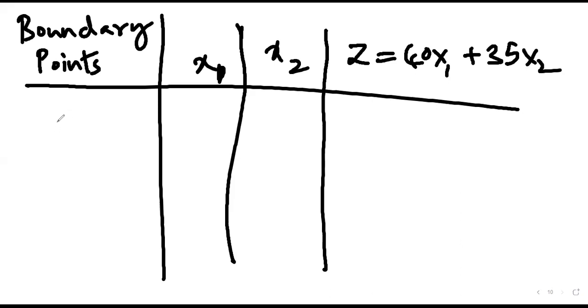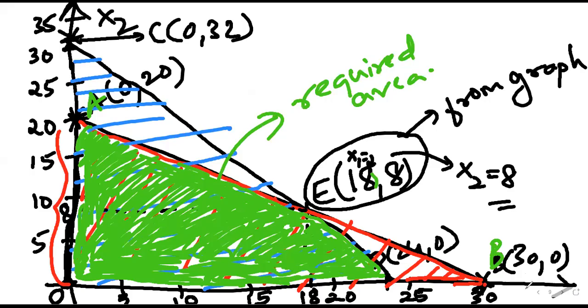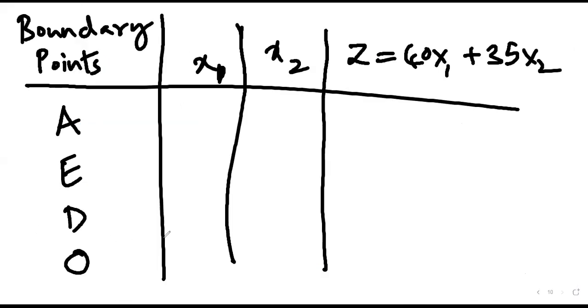Okay, so the boundary points. What are the boundary points here for the required area? First was point A, next point E. What is the next one? Point B. What is point A? Point A is 0 and 20.